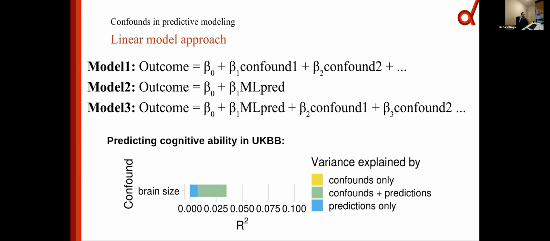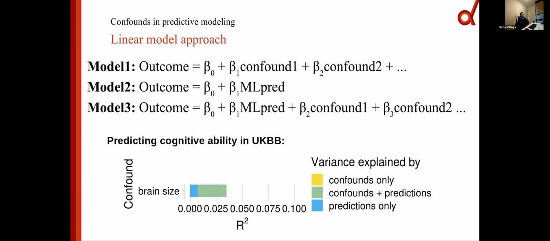My confound in this case is the brain size. So is my fancy machine learning model predicting something that I can't already predict only knowing how big someone's brain is? And here I can see that, yes, this is the case a little bit.